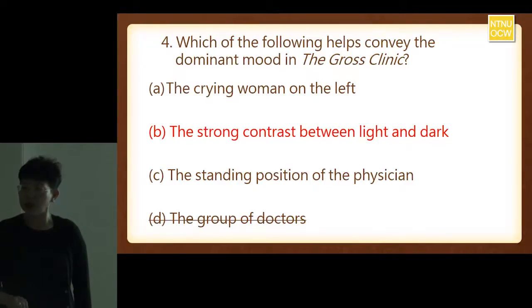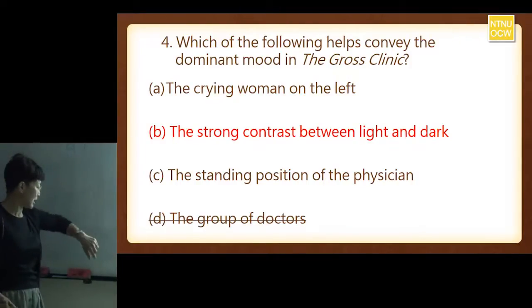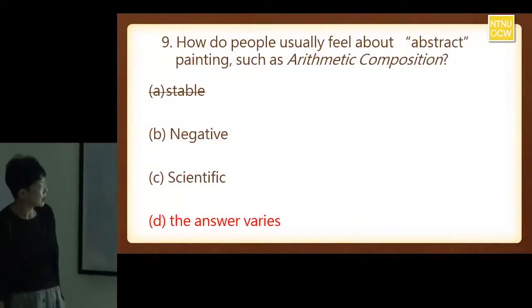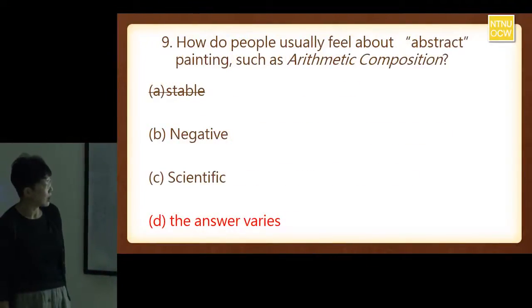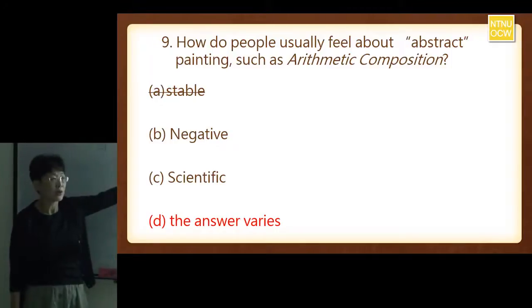Which is the power of science. OK, next question: how do people usually feel about abstract painting, such as arithmetic composition? We talked about that, right? Is abstract painting always stable?